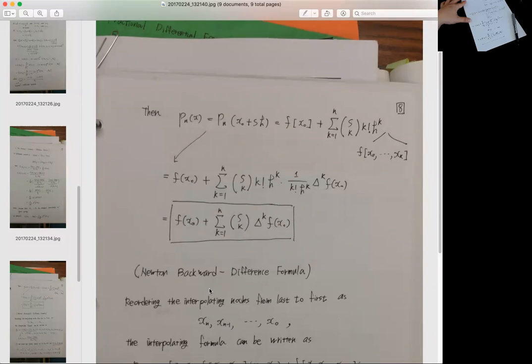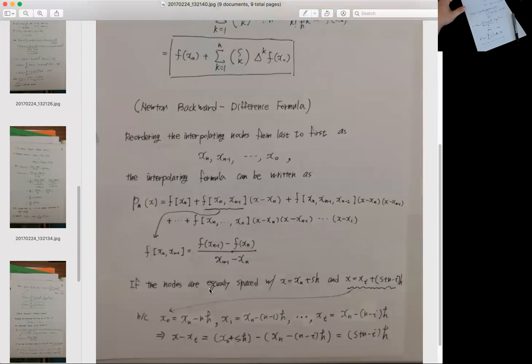Okay, now next one, Newton's backward difference formula. So in Newton's backward difference formula, you can see that we're going to reorder the interpolating nodes from last to first. It's like this. Okay, and then we're going to express the input x value and all nodes in terms of xn.